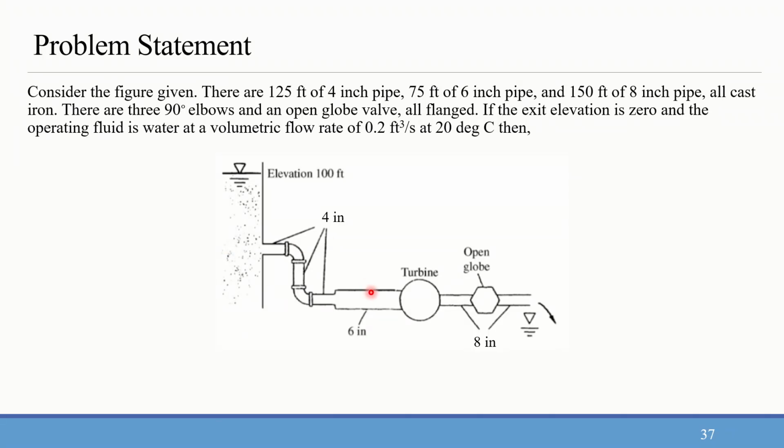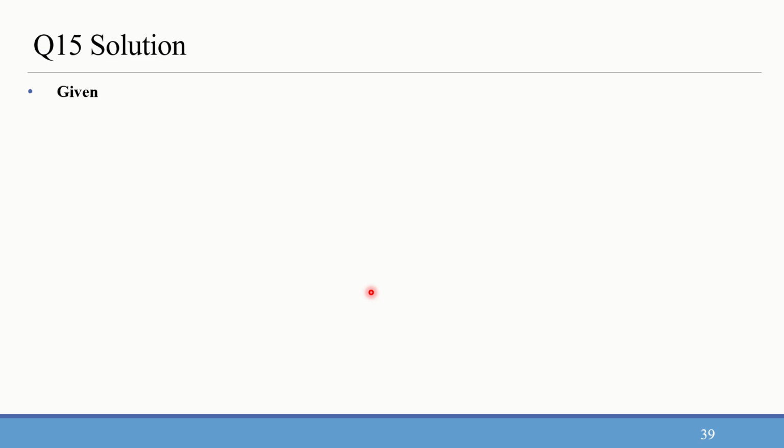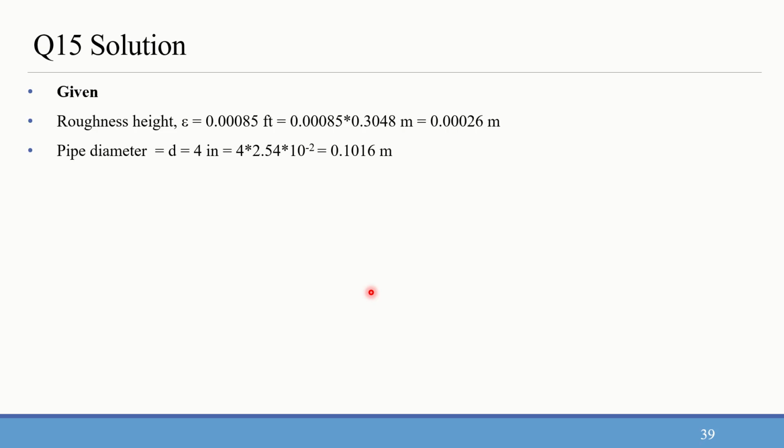This is a 4-inch pipe, and for calculating the roughness ratio, we have to calculate epsilon by d, where d is the pipe diameter and epsilon is the roughness height or absolute roughness, which for cast iron is 0.00085 feet, or 0.00085 into 0.3048 meters.